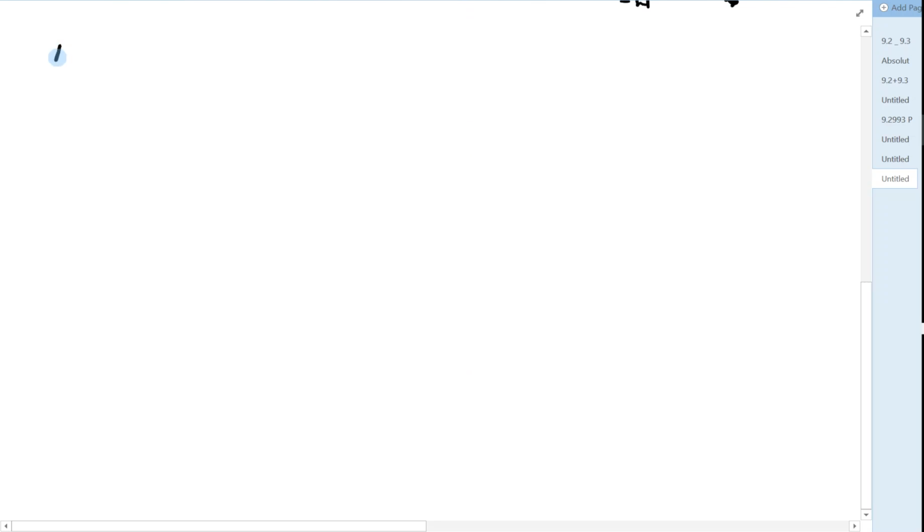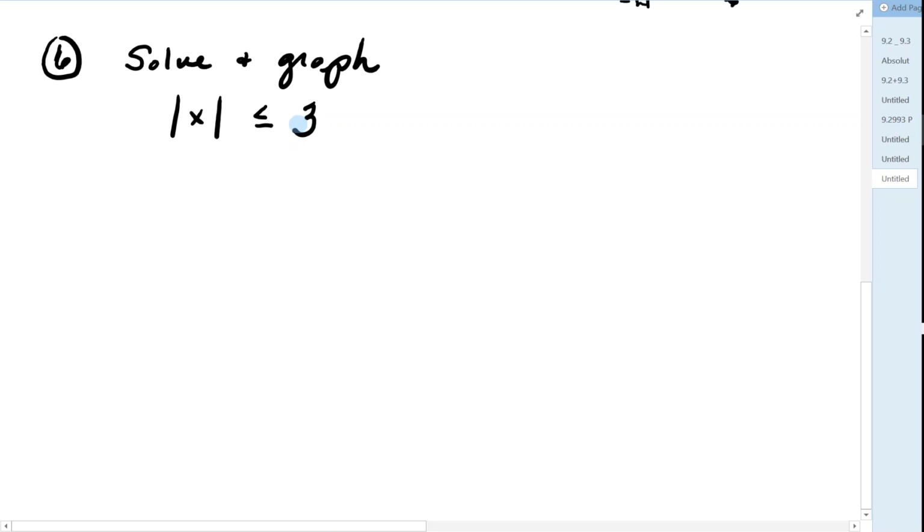Let's look at number 1. I'm sorry, in this group it's number 6. It says solve and graph. And we have the absolute value of x is less than or equal to 3. You need to remember that you're going to do the between notation.